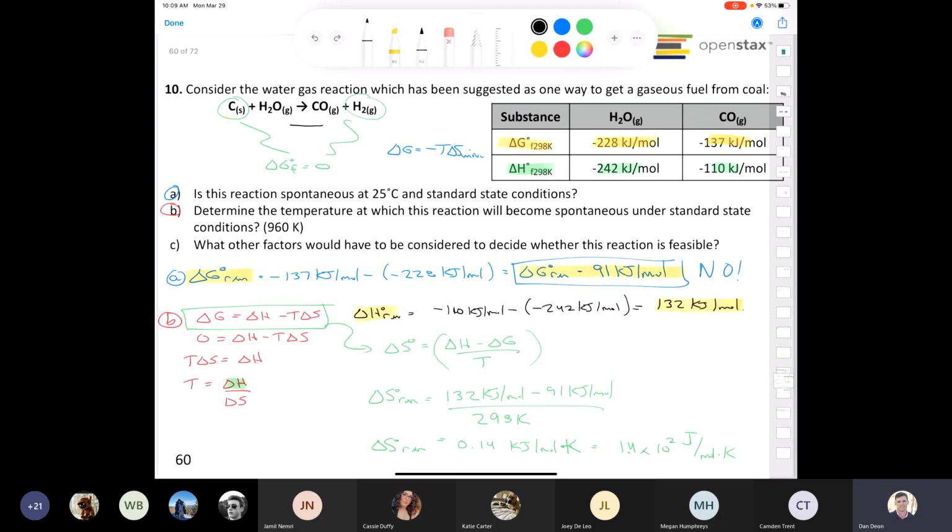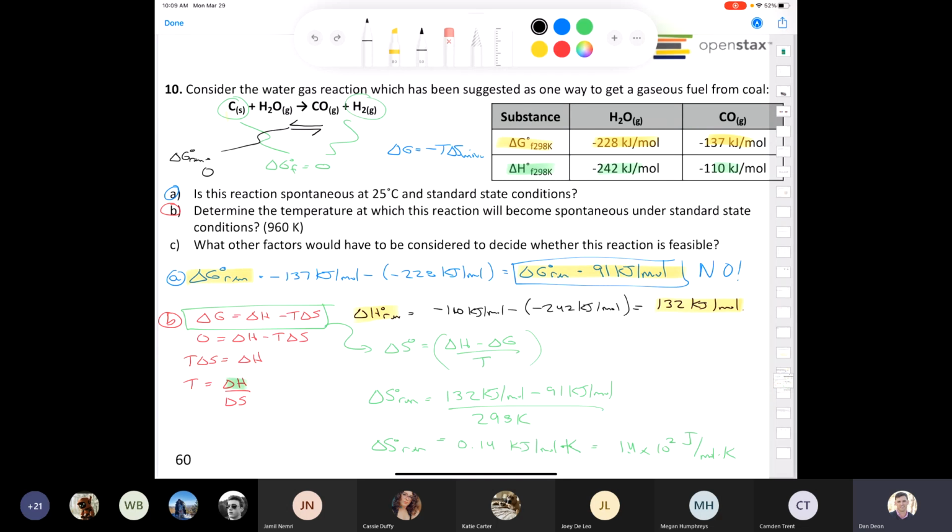And what I'm telling you as your instructor is, when the forward and the reverse reaction are exactly at equilibrium with each other, that's when the delta G of the reaction is going to be equal to 0. There's no free energy change at equilibrium. So that equilibrium point is where the reaction ceases to be non-spontaneous and starts to be spontaneous, right?